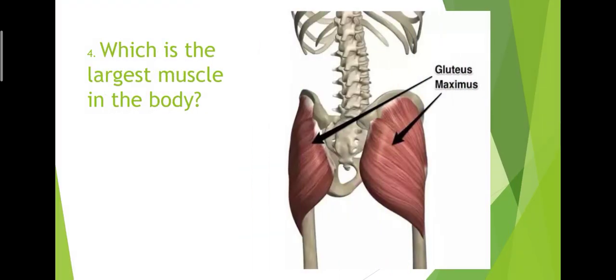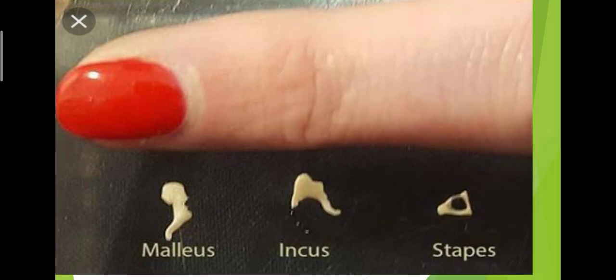They are visible on the screen. See children, if you compare stapes with your own finger, they are very small bones. So stapes is the smallest bone that is found in our body. The other name of stapes is stirrup.